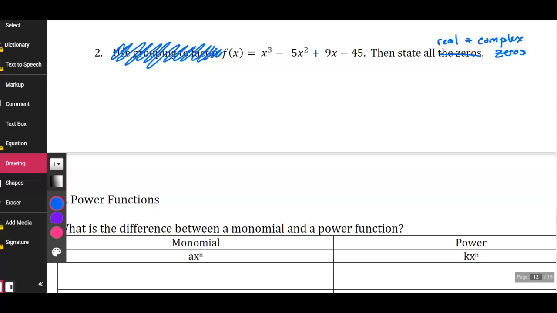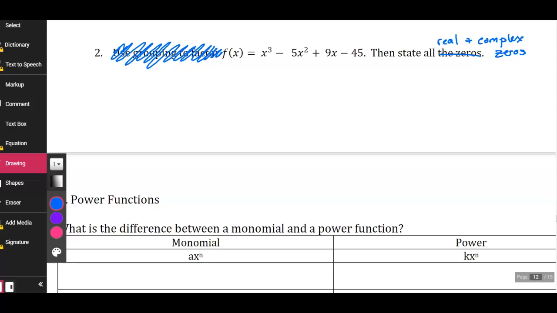Remember the P and the Q? If we were in school, we'd have to use the rational root test, the P and the Q, to guess at some of these roots. Or if we're out of class, we just use our calculator to find where it touches the x-axis.